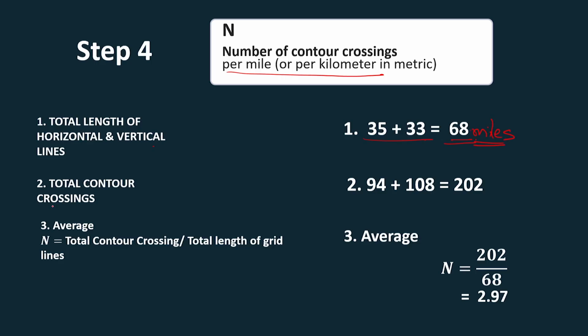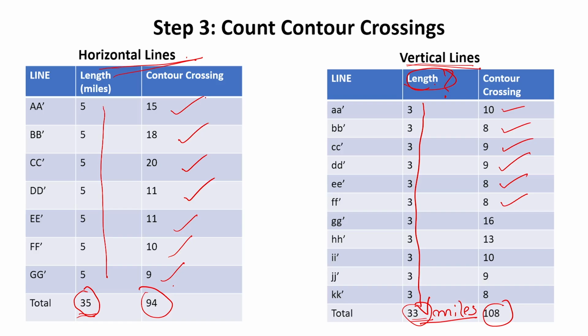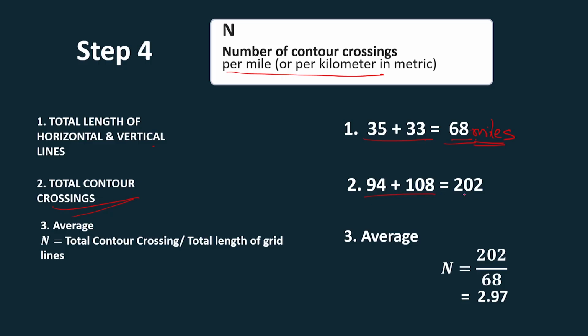Next, we have the total contour crossings. We have counted our contour crossings here. The tally for the horizontal is 94 and the tally for the vertical is 108. We have entered both to find a total of 202.